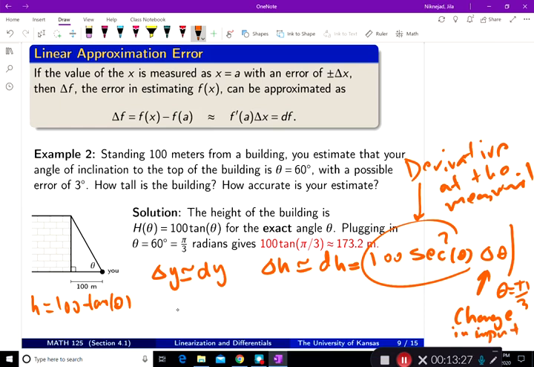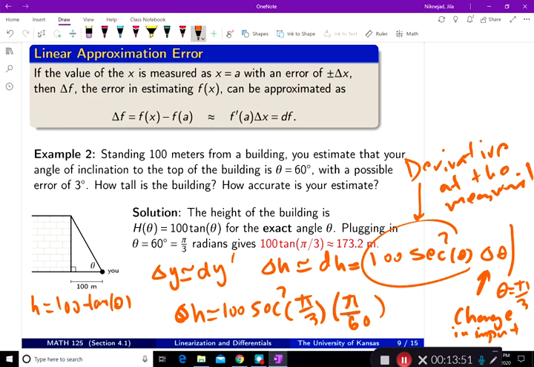And so delta h is going to be 100 secant squared of pi third times pi over 60. And secant squared is 1 over cosine squared.